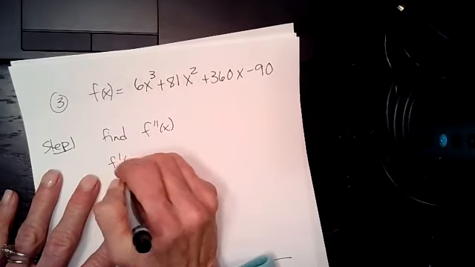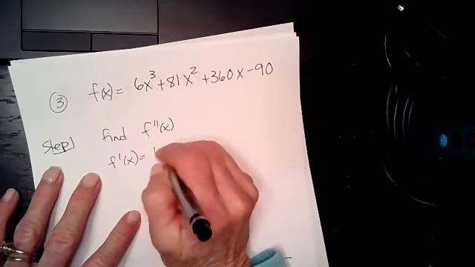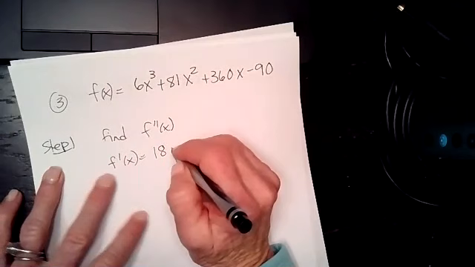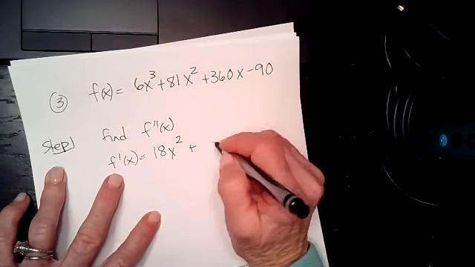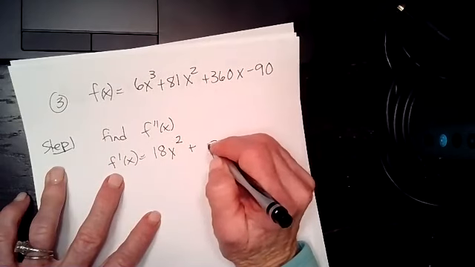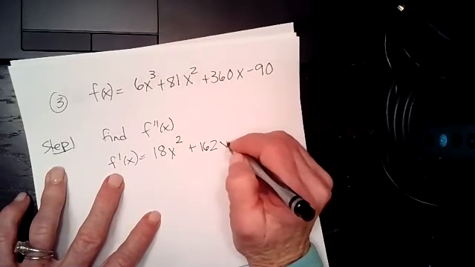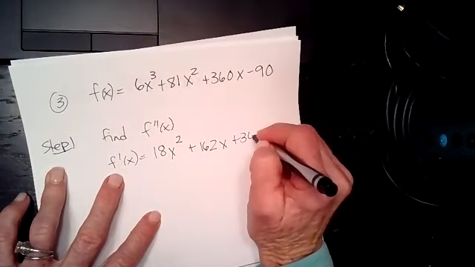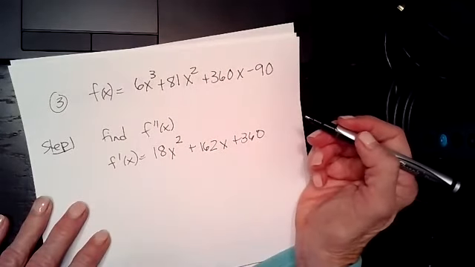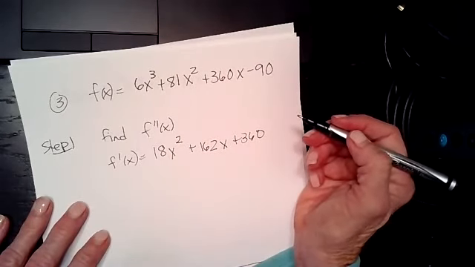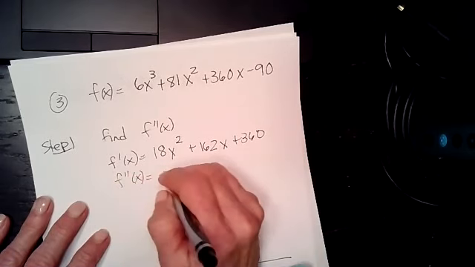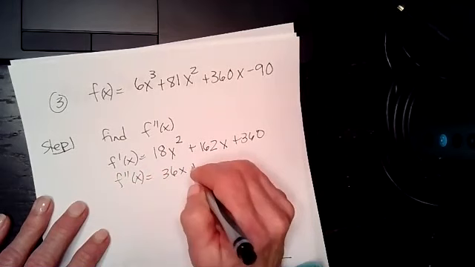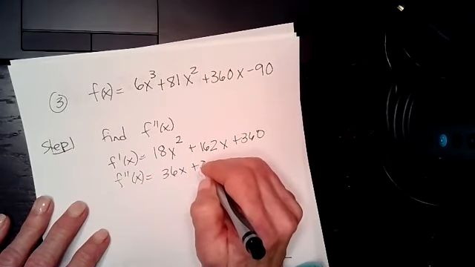First, we find f prime of x, which is 6 times 3 is 18x squared plus 8 and 8 is 16x plus 360. And then what is my second derivative? 36x plus 162.